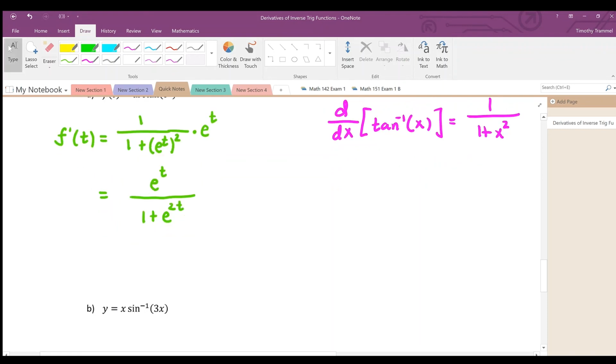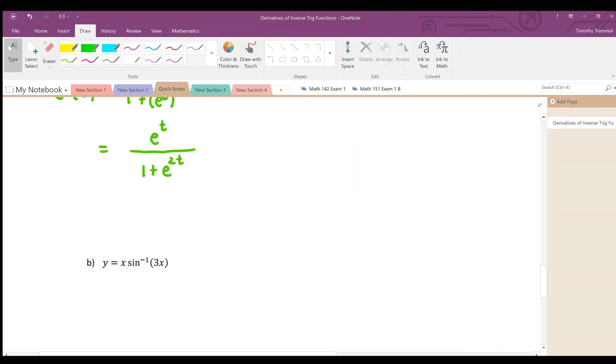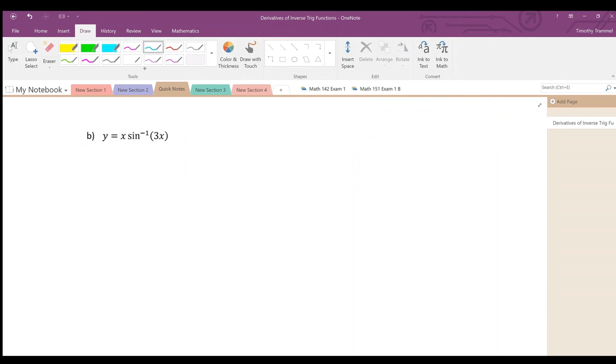Let's try another one out here. So here we're going to need to use the product rule. Let's get started. The derivative of x with respect to x is just 1. And then we have times our second function, which is sine inverse of 3x. Then plus x times the derivative of sine inverse of 3x.